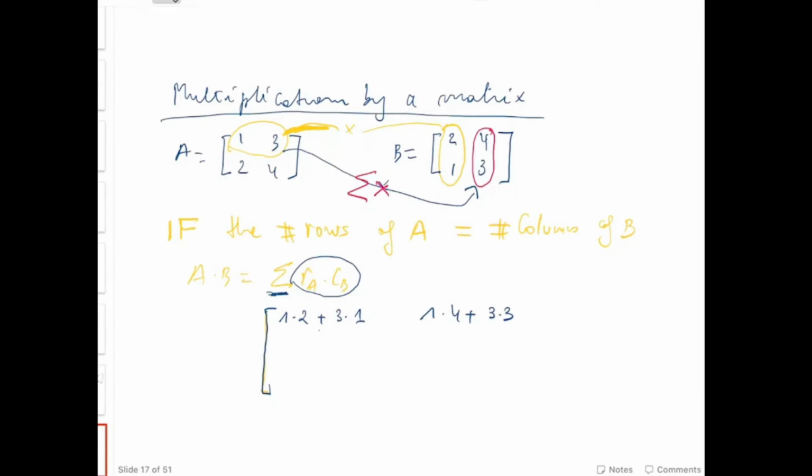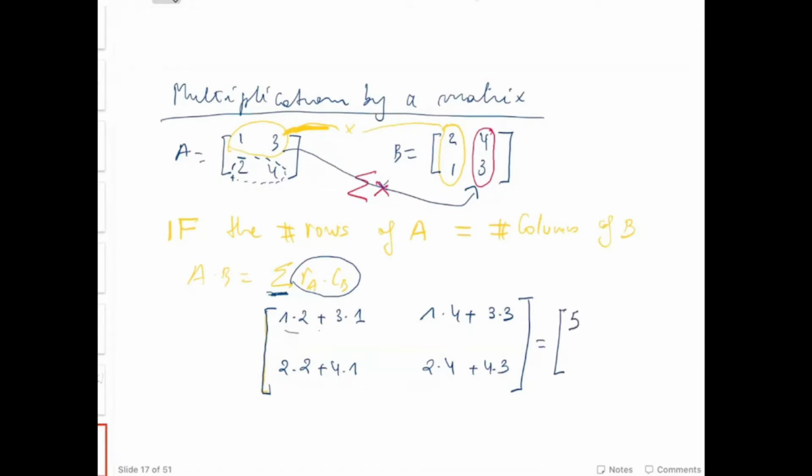And of course, this one now multiply with the same columns. Then we have 2 times 2 plus 4 times 1, 2 times 4 plus 4 times 3. So our new matrix, which is the product of A and B, will then be given as 5.